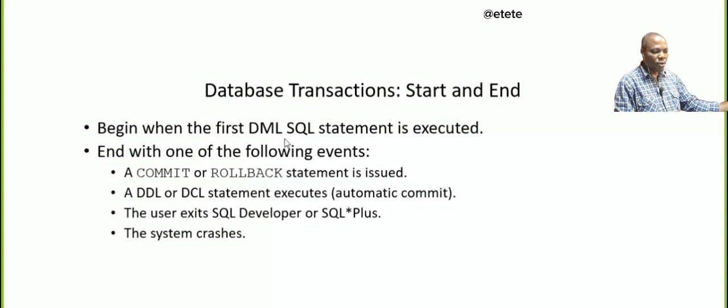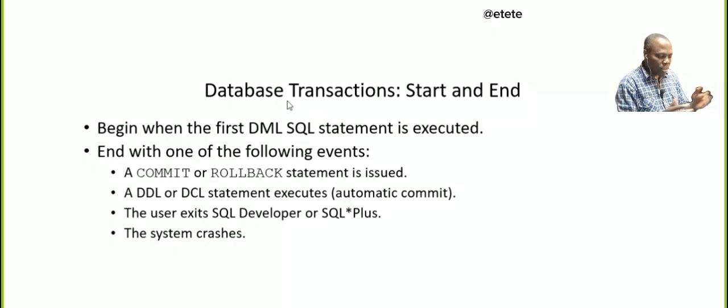Transactions begin when the first DML SQL statement is executed, and a transaction ends with one of the following events: a commit or rollback statement is issued, a data definition language or data control language statement executes an automatic commit, the user exits SQL Developer or SQL*Plus, or the system crashes. That is when a transaction ends.